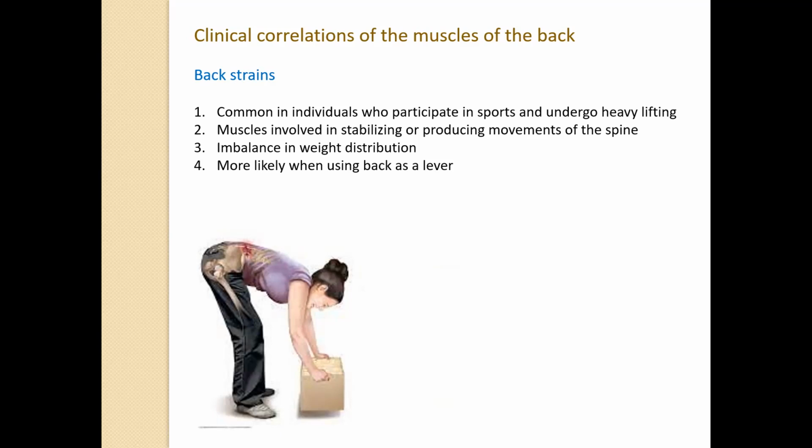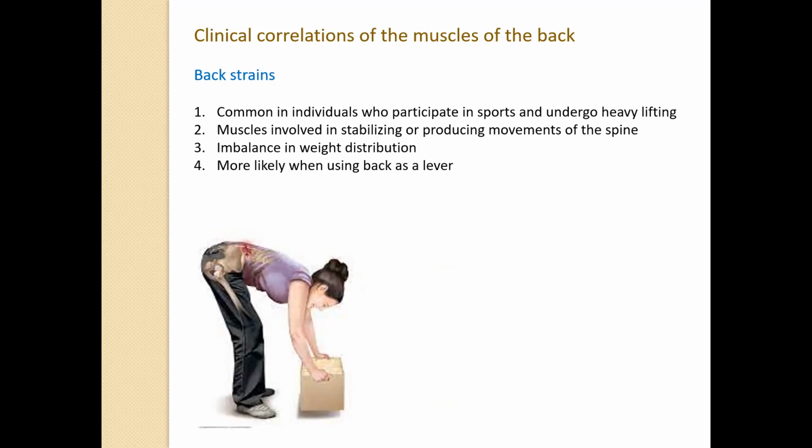It occurs when there is an imbalance of weight distribution, when you put strain on certain portions of the back muscles, or more likely when using the back as a lever. You can minimize back strains when you use gluteal muscles and lower limb muscles to assist weight lifting.